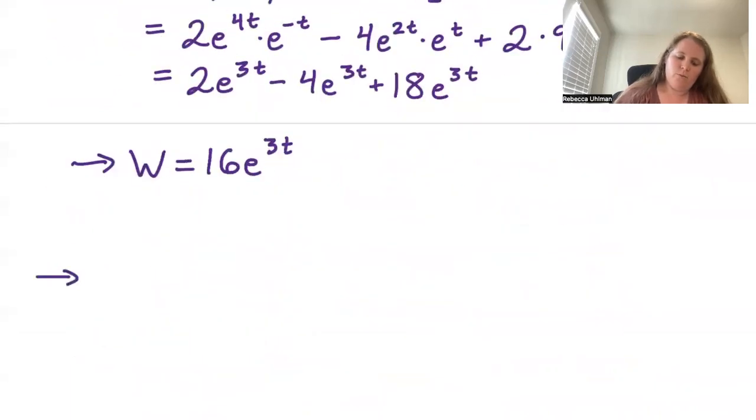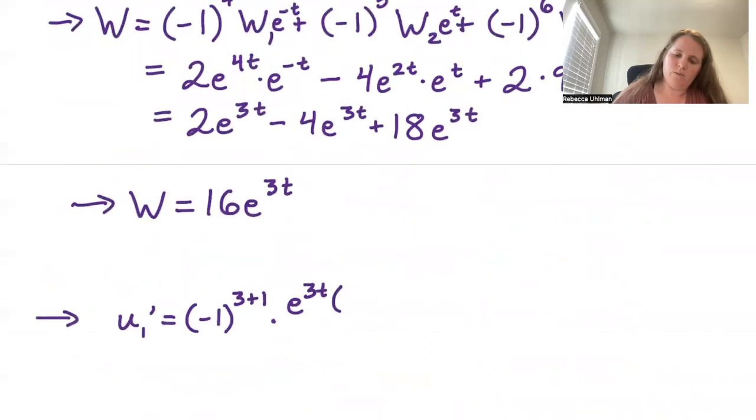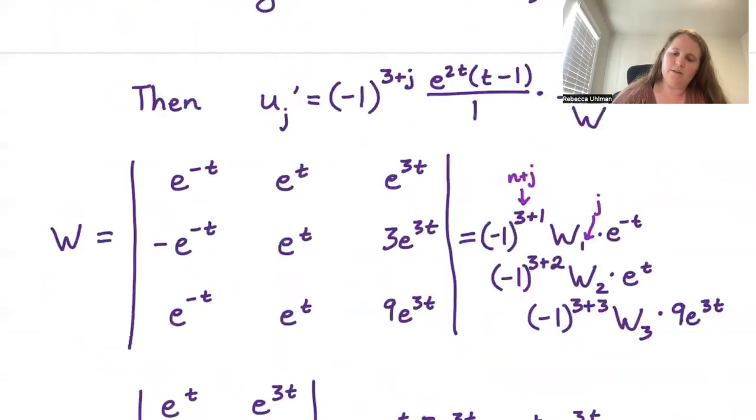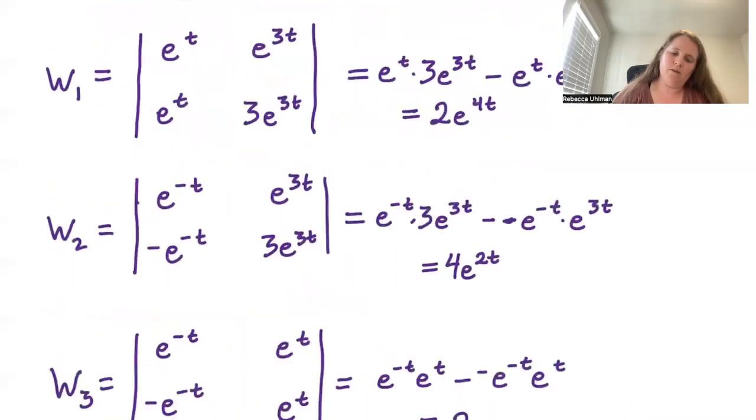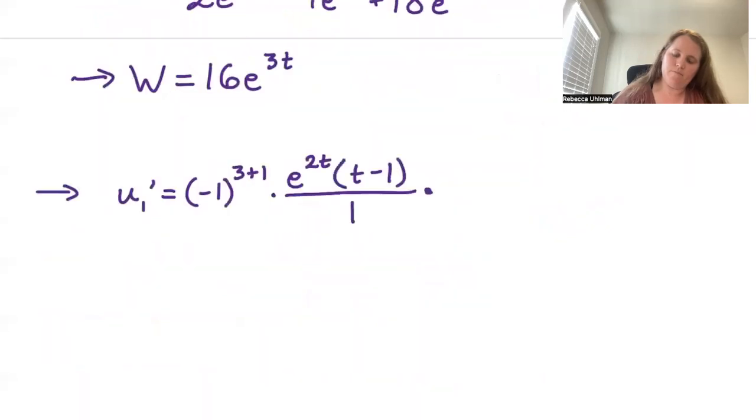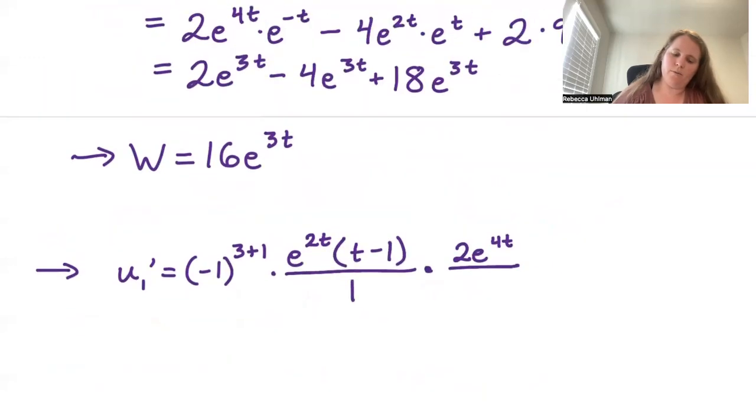So we have that u1 prime is -1 to the 3 plus 1 times e to the 2t times t minus 1, divided by 1 times our W1 was 2e to the 4t. And then we are going to divide by our W of 16e to the 3t.